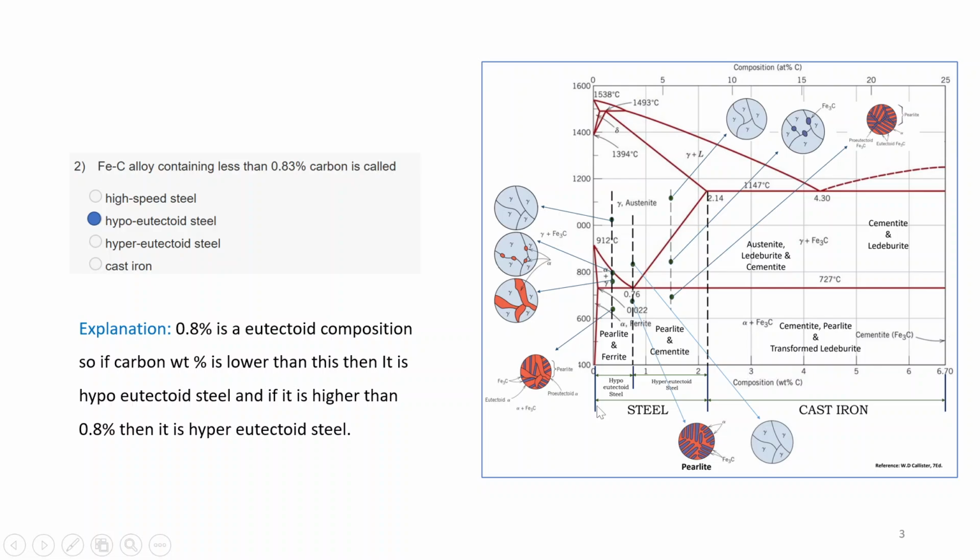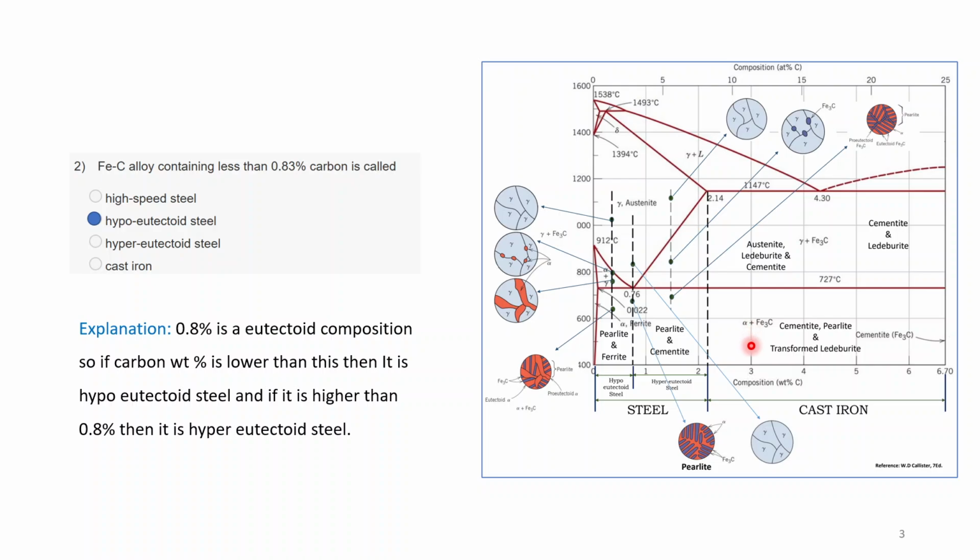So here also you can see, this amount will differ in different books. It's between 0.7 to 0.76, or sometimes it's also written as 0.8%. So below 0.8%, you'll have hypoeutectoid steel. Hyper, you understand, means higher. So hypereutectoid is when the carbon percentage is higher than this and lower than 2.14%, because after 2.14% a eutectic reaction also occurs in your material.